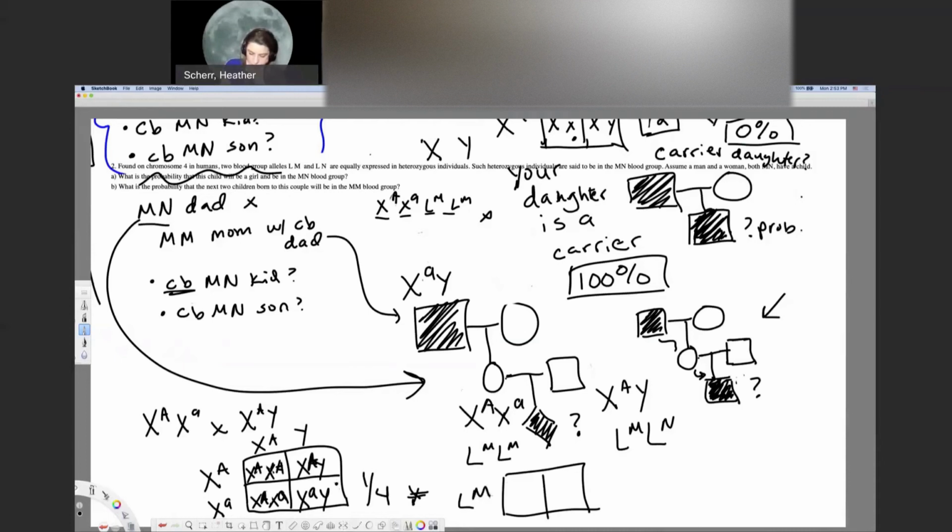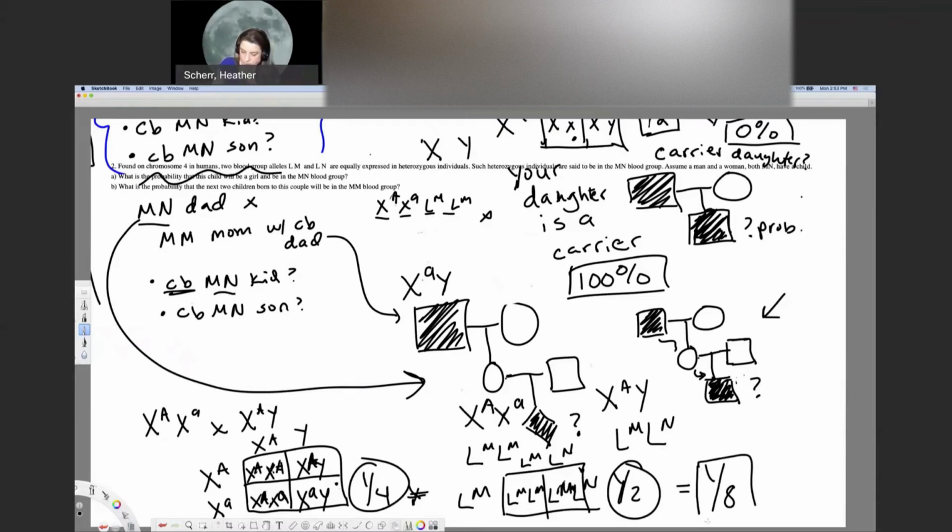So mom only has one option, dad has two. Okay, so an MN kid, it's the second box here, right? So you're multiplying those together. So you get a 1/8 chance of having a colorblind kid that's MN blood type from that cross.